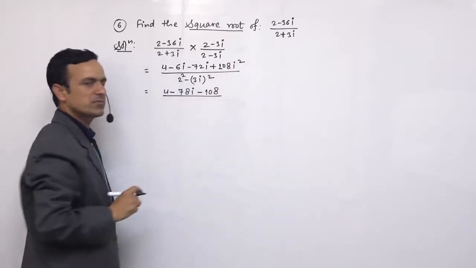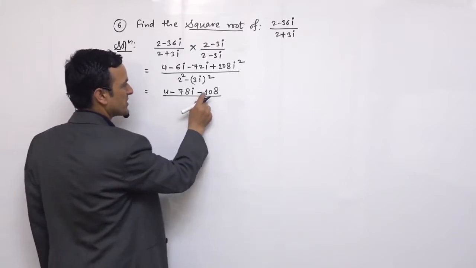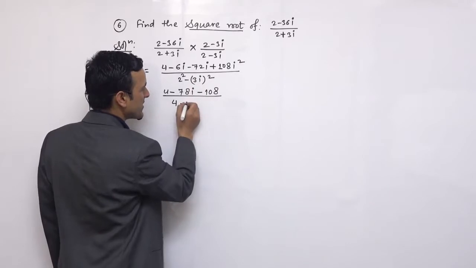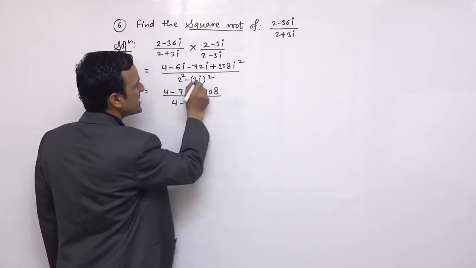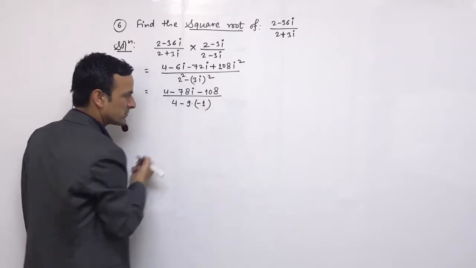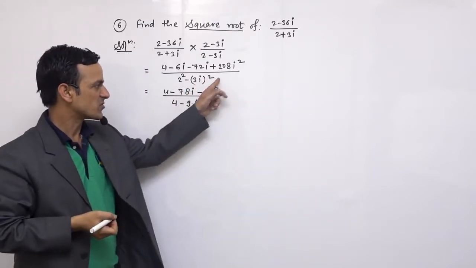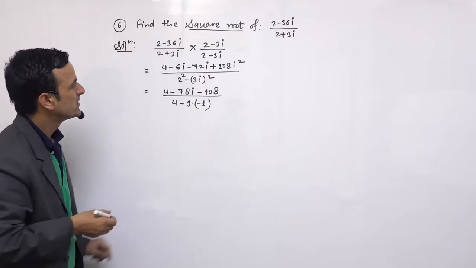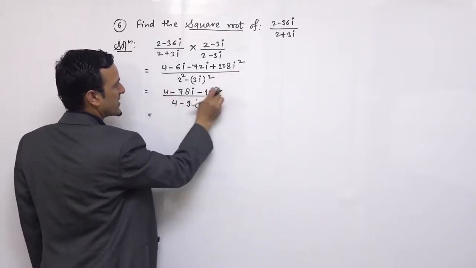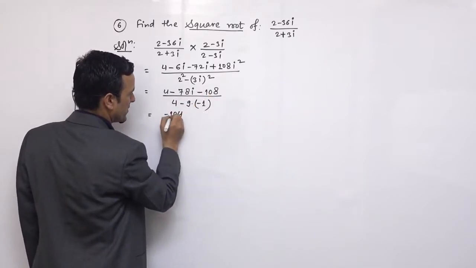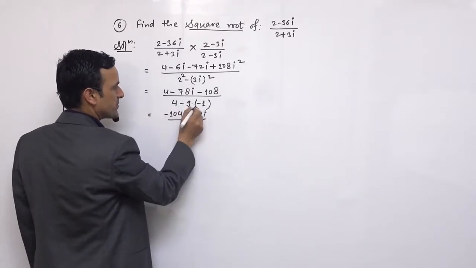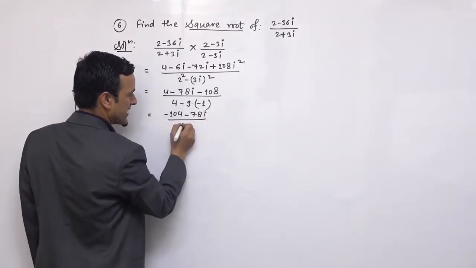I square means minus 1, we used this property, and 2 square means 4, 3 square means 9, i square means minus 1, so write down minus 1 here, here is also i square minus 1, so it is minus 4 and 108 means 104 minus 78i divided by 9 plus 4, which is 13.